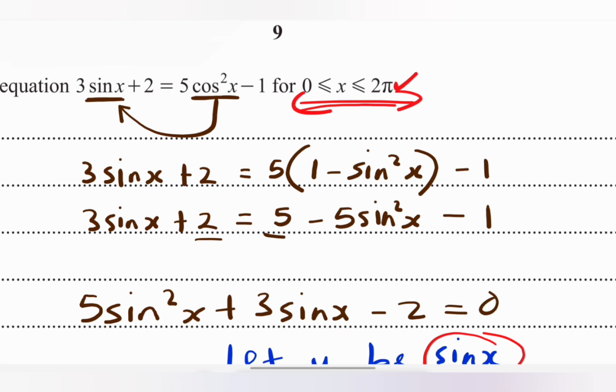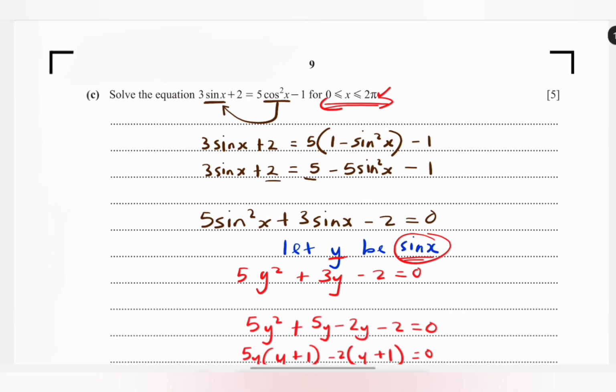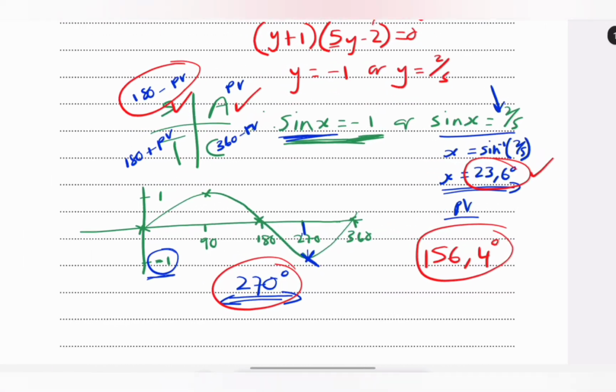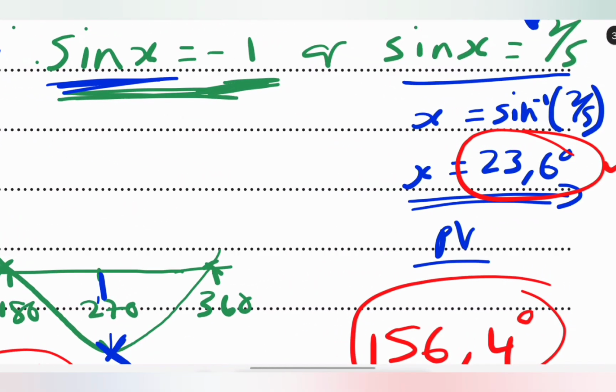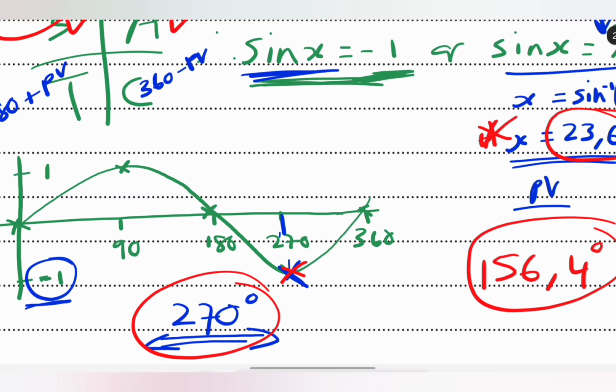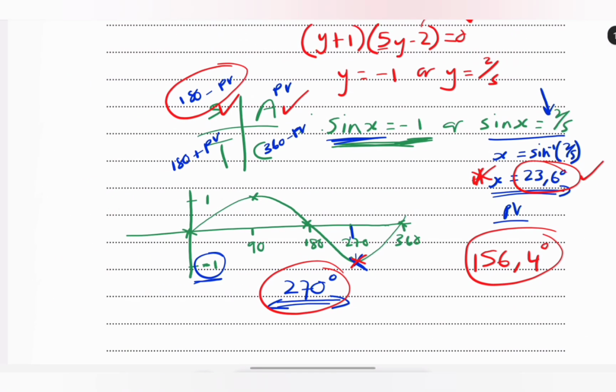And as you can see, these three answers fall within this. Oops, we are supposed to be dealing with radians because we have 2 pi there. So I'm just going to change all these into radians. Starting with this and the 270, so changing them to radians, just make sure my calculator is in radians. Then I say sine inverse of 2 over 5.